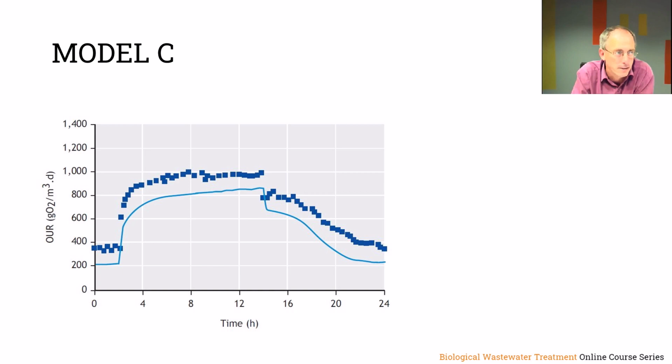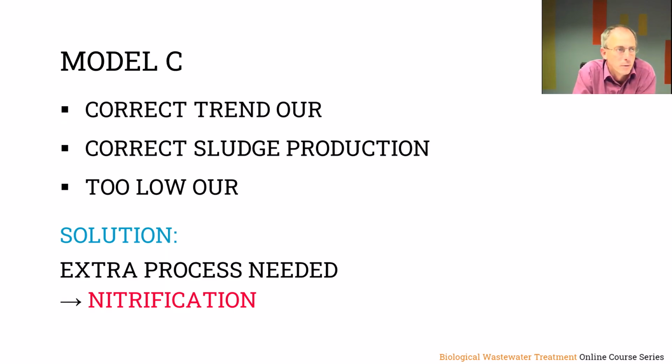And if you look at that, then we still see the correct dynamics of the oxygen uptake rate, but now there's not enough oxygen being taken up, which means that you have to think, well, maybe there's again another process which consumes oxygen. So what we observe with this model is that we have a correct trend of the oxygen uptake rate, we have a correct sludge production, but now we have a too low oxygen uptake rate.